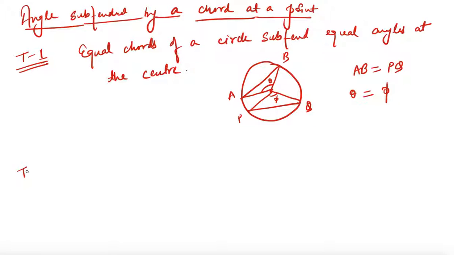The second theorem is the converse of the first theorem. That is, if the angles subtended by the chords of a circle at the center are equal, then the chords are equal in length, right?